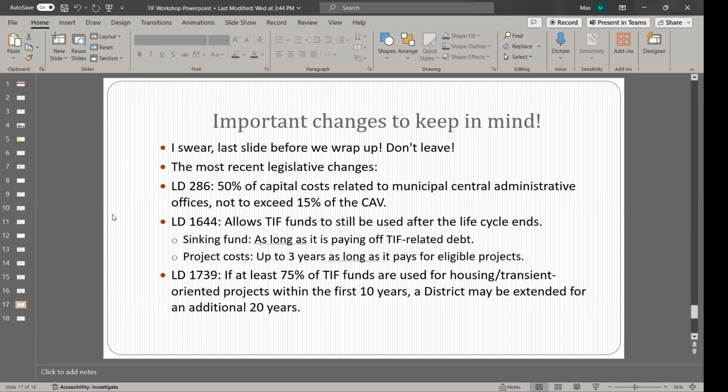So 10 years go by and someone says, well, now I'm going to turn it into an industrial park and make this huge thing of it. Now you only got 20 years on that, or 40 years if you have the affordable housing TIF. That's why I say make sure you have a strategy when going into this. That's why I mentioned the reevaluation. Even if the parcel probably isn't going to have a development on it by next year, but a revaluation is going to make that property worth a lot more, well, you could put it in the TIF district.